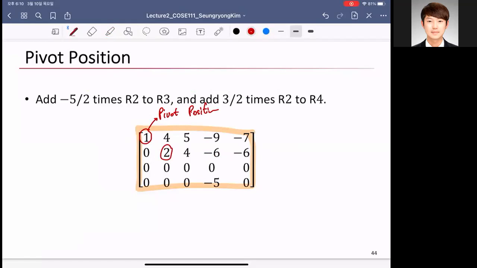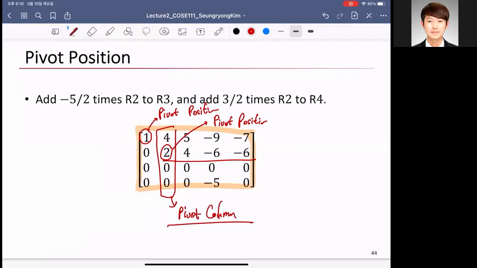So by just dividing by 2 here, we can say that this is the pivot position, and this column is pivot column. Pivot column, okay.